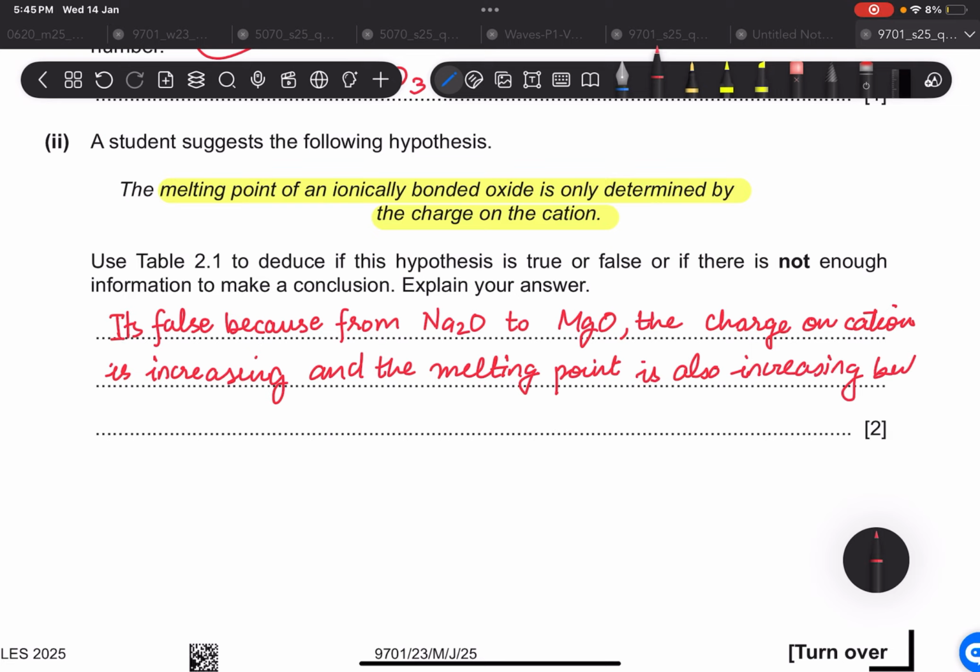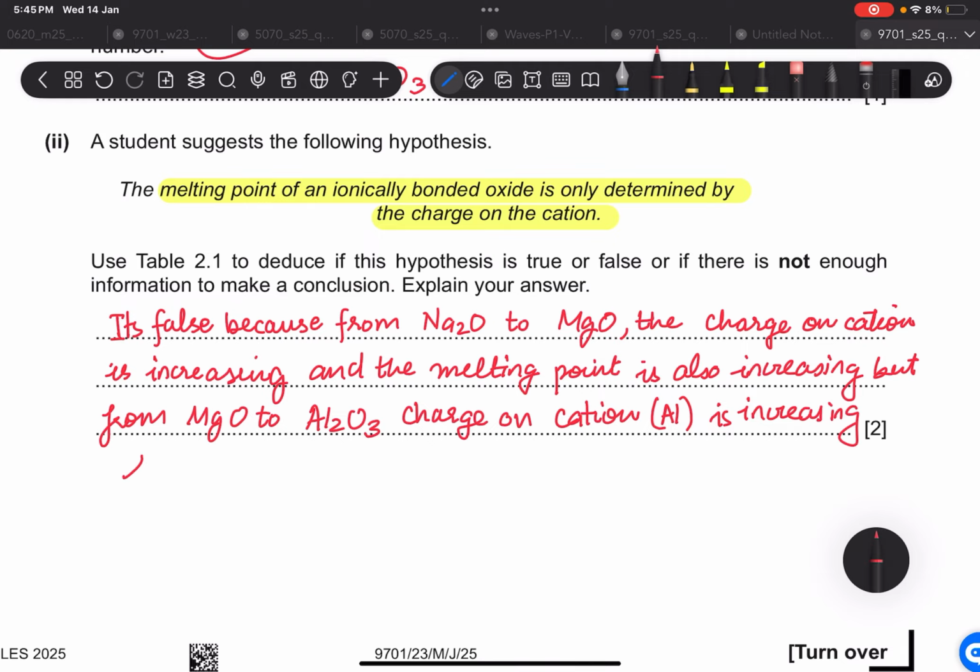But from magnesium oxide to aluminum oxide, the charge on the cation, which is my aluminum, is increasing, but the melting point is decreasing. You can see it for yourself.